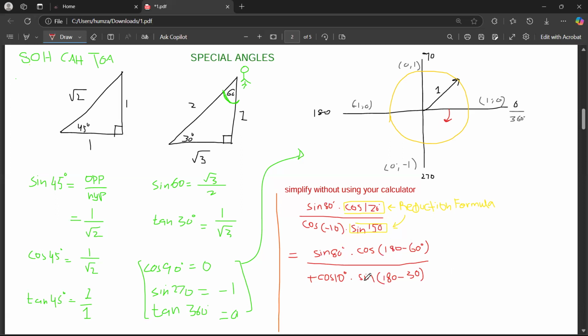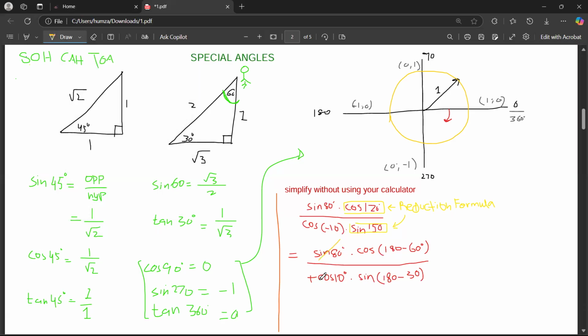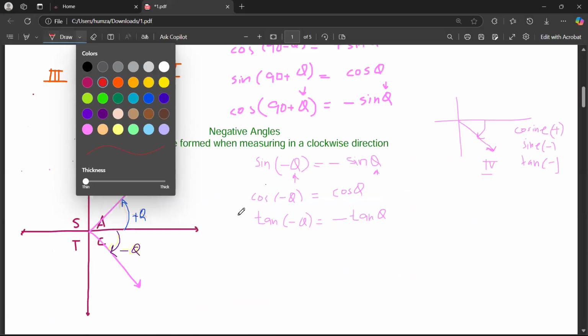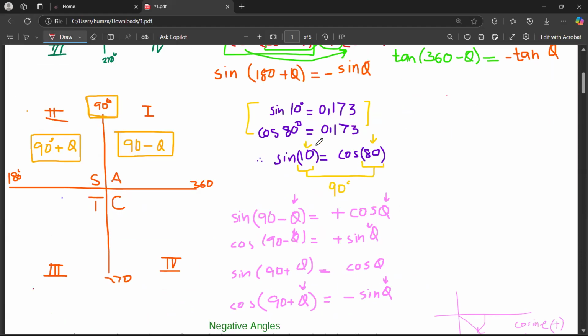Okay, so now we have this, right? We have reduced this formula and we got this. Now sin 80 and cos 10 can cancel out. Why can they cancel out? Because they are the co-functions of each other. Remember we did the co-functions here.